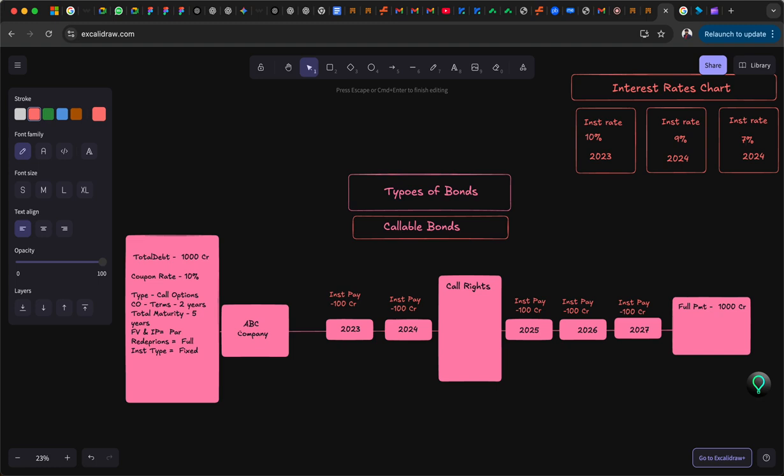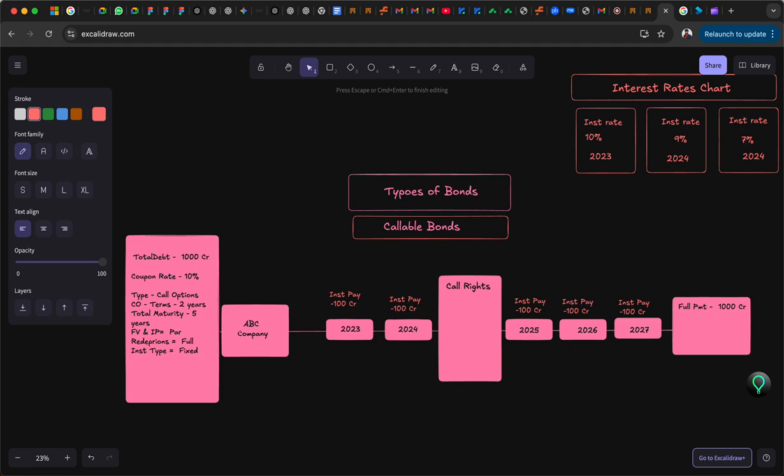Your next move should be to check and assess the market interest rates, right? Market interest rate. And there should be a difference, such that if you try to reissue the bonds in the market through a different series, at least you should be in a position to save some amount.